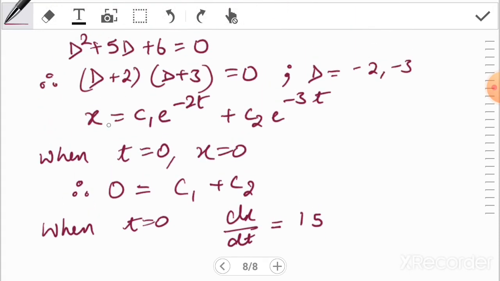So let us differentiate this equation with respect to t.